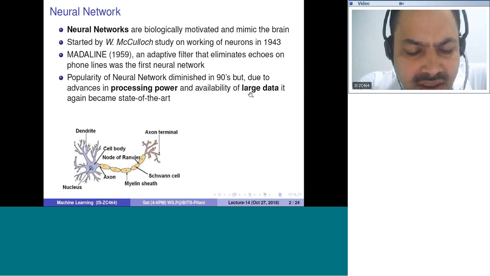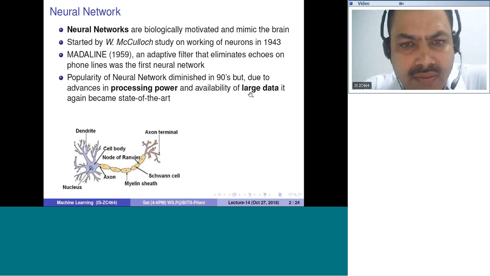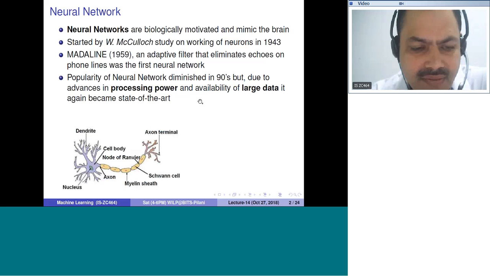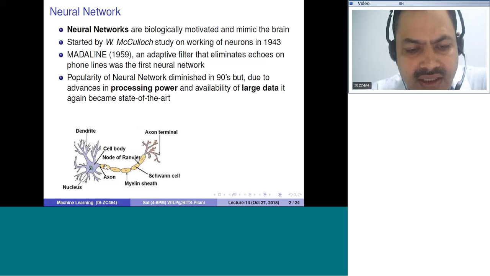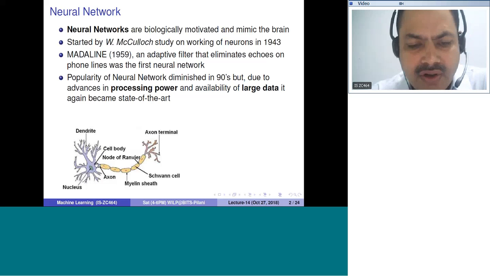So let's see what our biological neuron system, the human biological neuron, is like. It contains a cell, and with the cell there is an output unit connected. Whatever is computed or done in this cell, it sends the signal to the other neurons because they are connected.